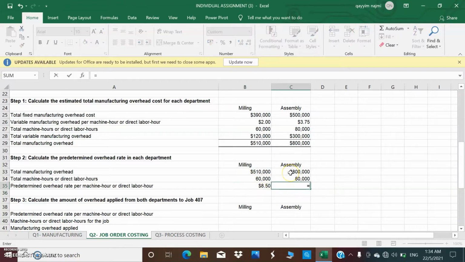Same with assembly, total manufacturing overhead divided by 80,000 direct labor hours gives 10 ringgit.